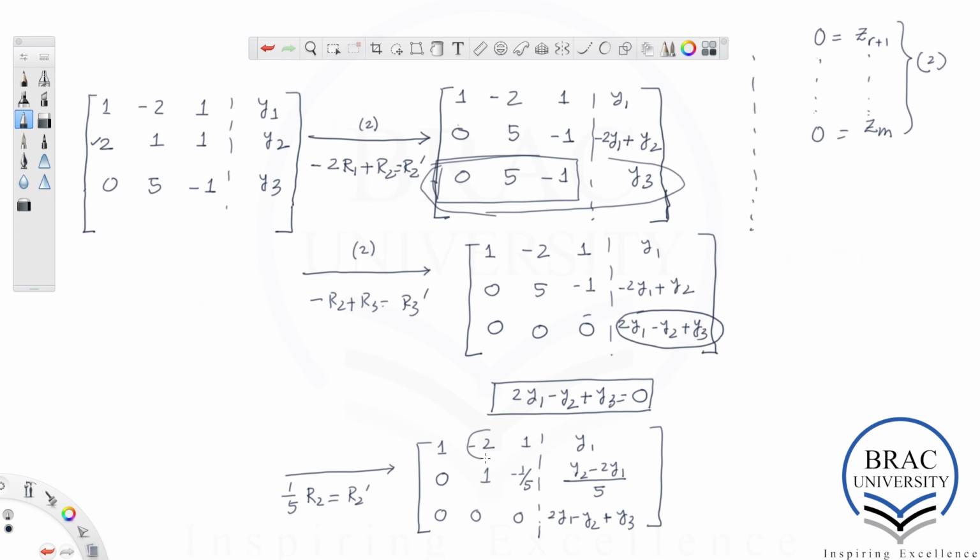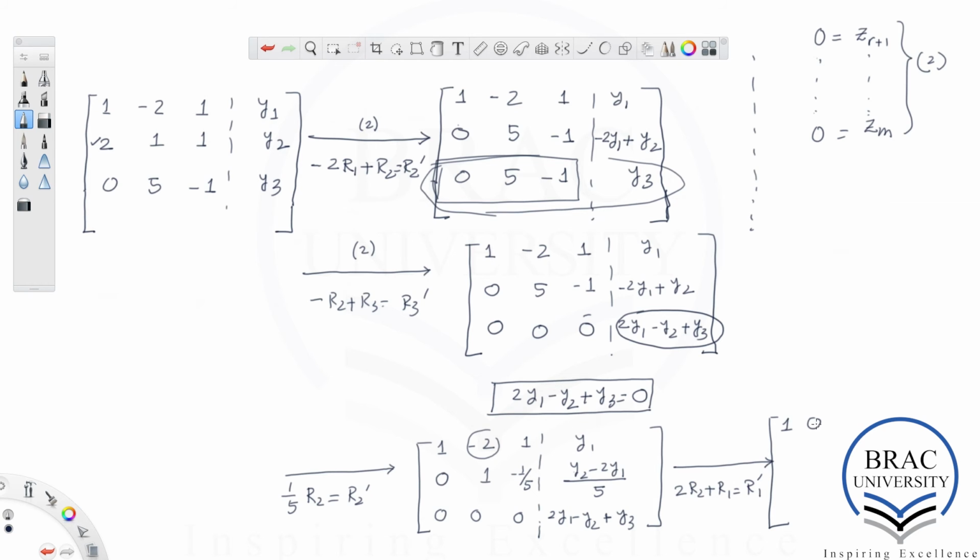And now I have to make it 0, which I can do by this second type of elementary row operation again. 2 R2 plus R1 is equal to R1 prime, right? Which gives 1 0.